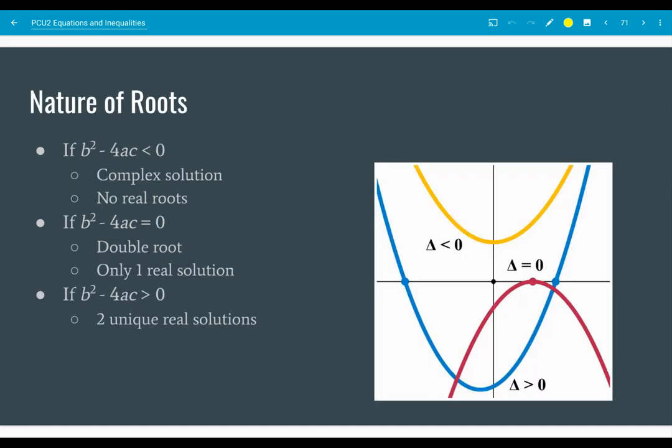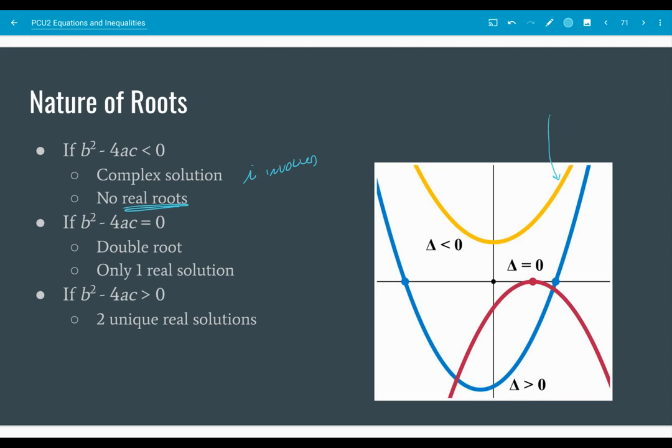If your discriminant is less than 0, so if it's up here on this yellow curve, you have complex solutions. So meaning you have i involved. Be careful. It doesn't mean there are no solutions. What it means is there are no real solutions.